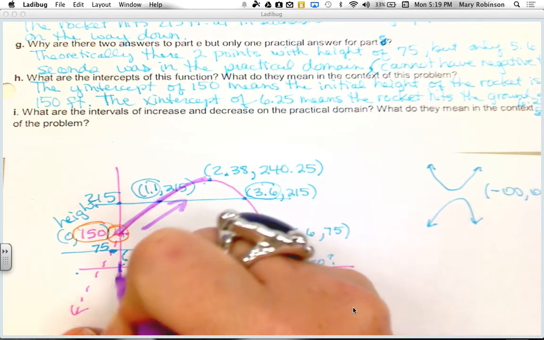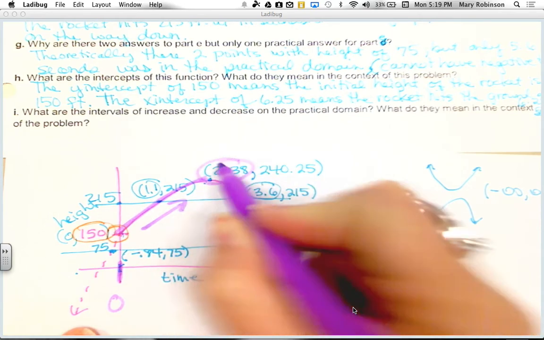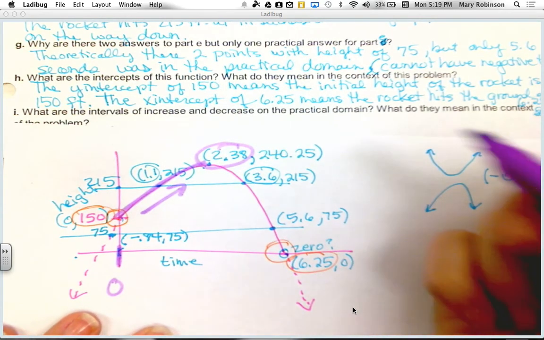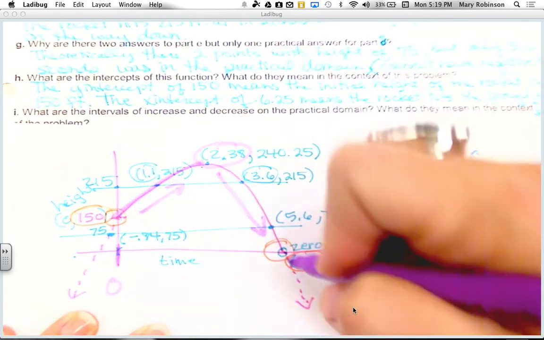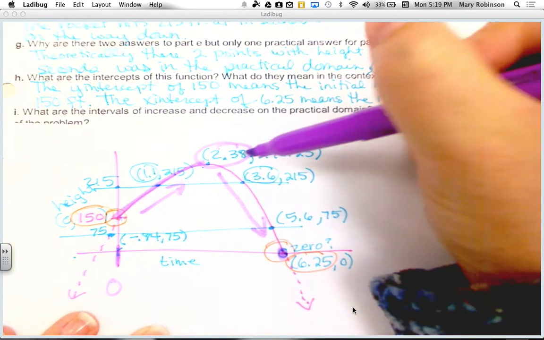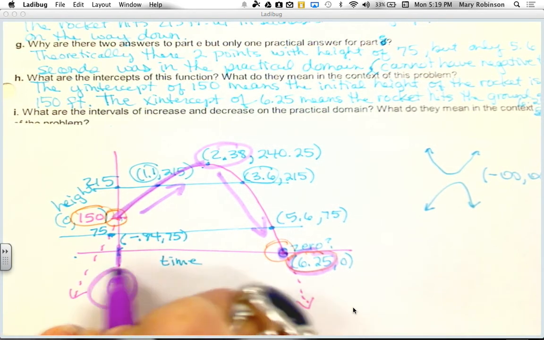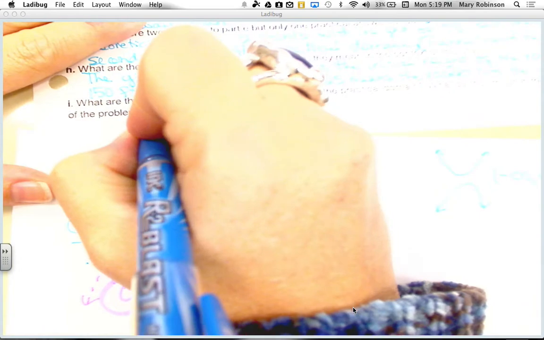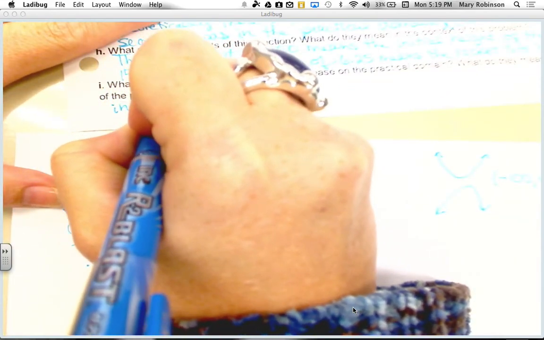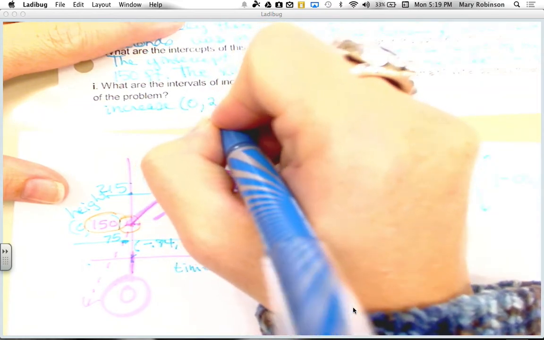So remember that here, this x value is 0. Here, when it reaches the top, our x value is 2.38. After that, it is decreasing in height. So it decreases until it hits the ground, so we would define the decrease as from 2.38 to 6.25. All of these values we're going to use to define our increase and decrease. So I would say increase, our interval is 0 to 2.38.